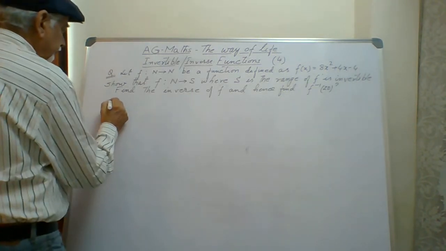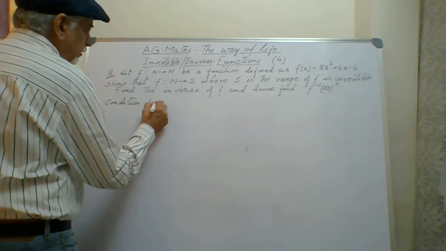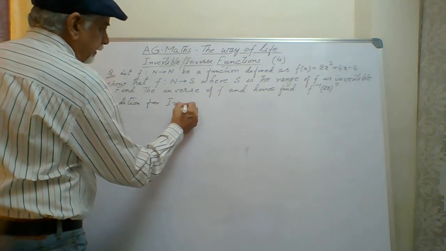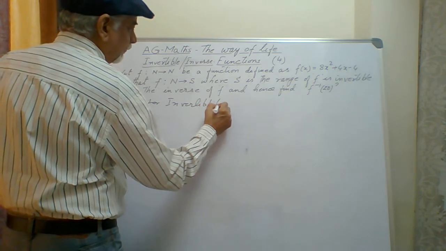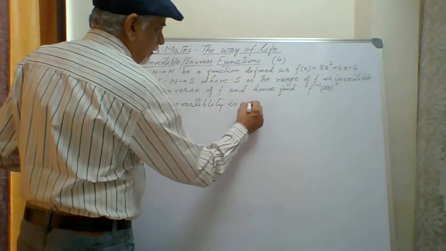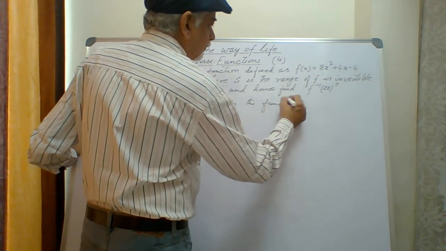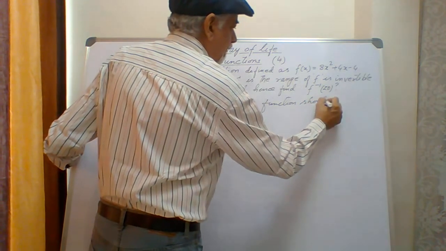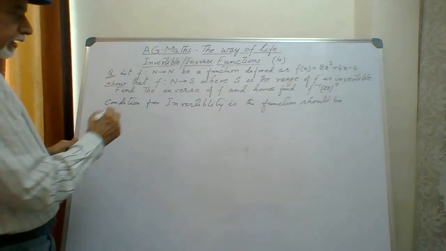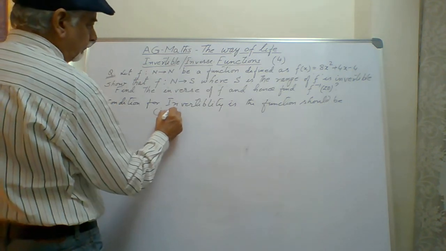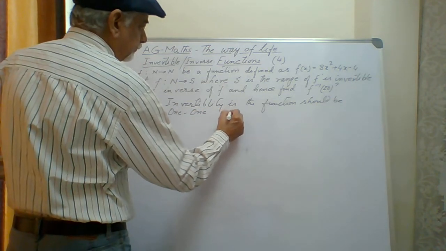The condition for invertibility is that the function should be one-one as well as onto.